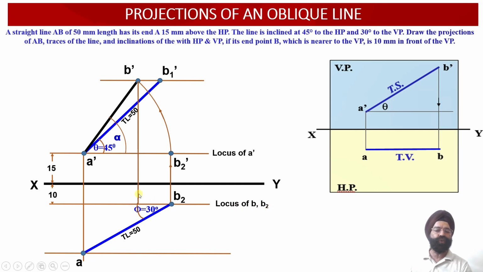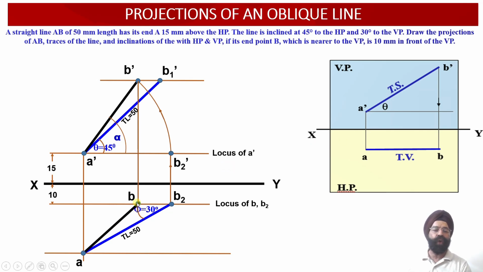Wherever these two projector lines intersect, we obtain the point B. So here we have obtained point B by the shortcut method. Now having obtained point B, we can join points A and B. So this is the apparent length of the line.